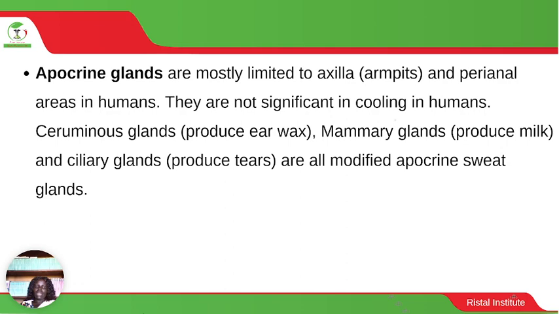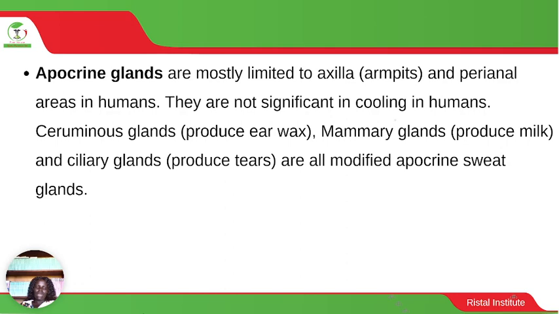They are not significant in cooling in humans. Ceruminous glands produce earwax, mammary glands produce milk, and ciliary glands produce tears; these are all modified apocrine sweat glands.